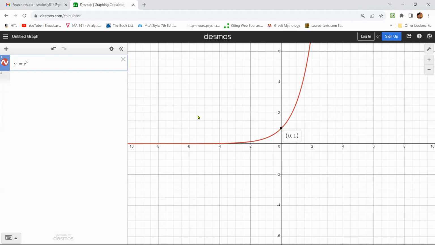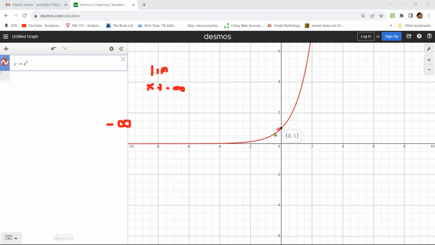So if I asked you for the limit as x approaches negative infinity, remember, negative infinity is over here, right? So what I'm looking at is this.